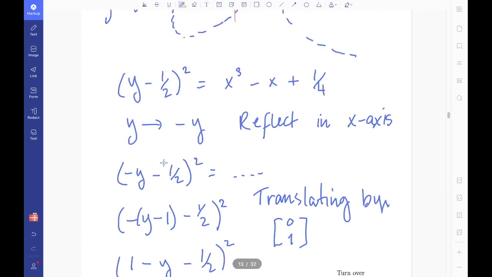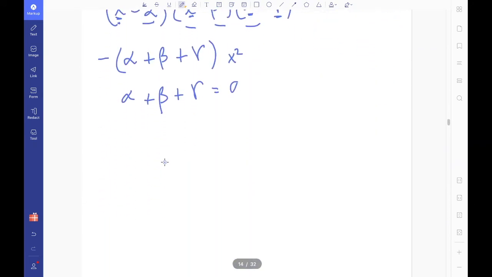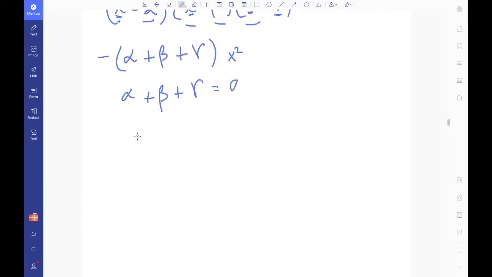So where's the center of the circle? The center has a y coordinate of delta, and its x coordinate will be the mean of those two alpha beta points, the midpoint, which is alpha.